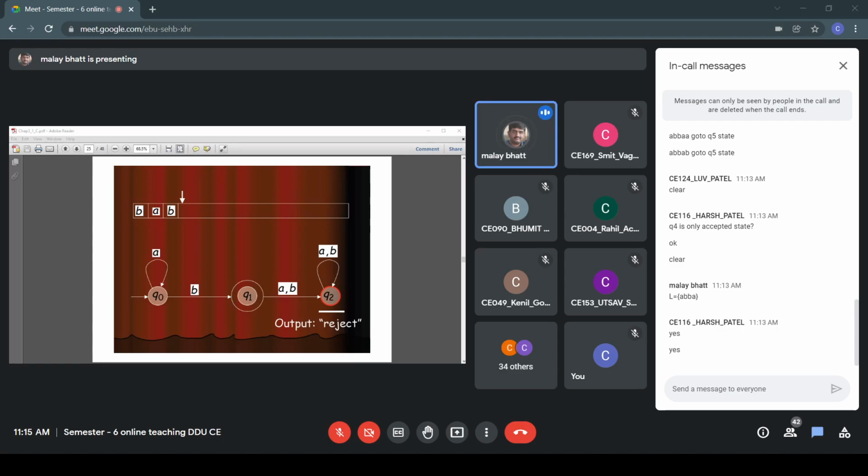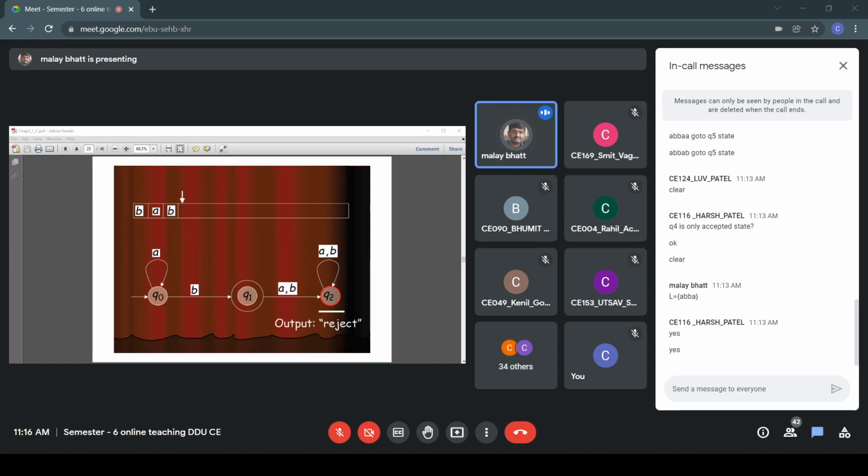There is a chance that your diagram may not accept some valid strings, and still you will get the marks. But if your diagram accepts any invalid string, then you will not get the marks.